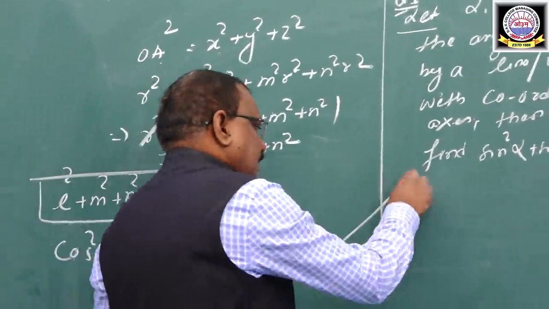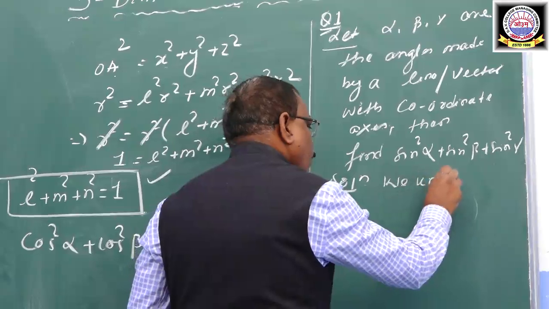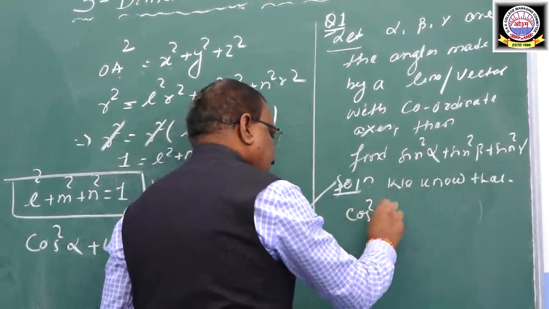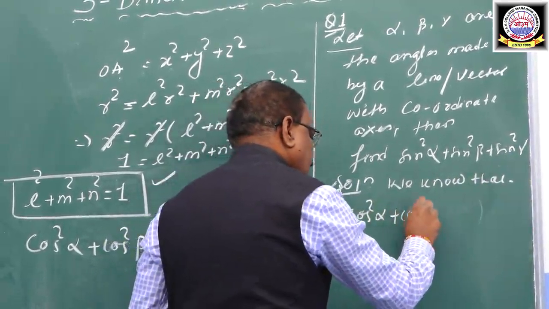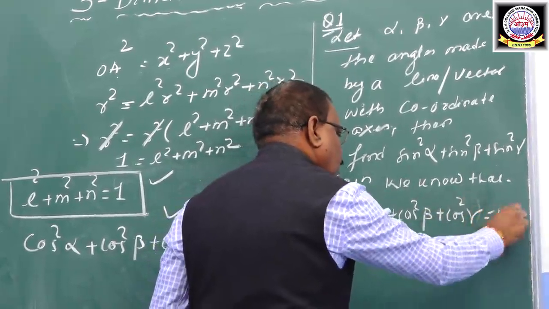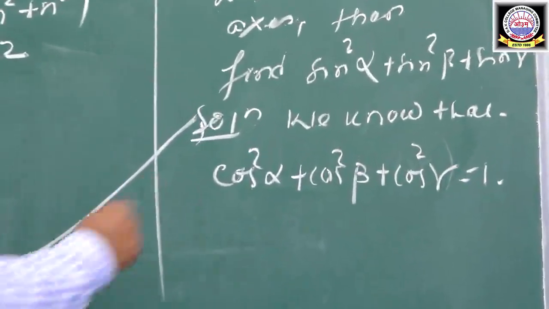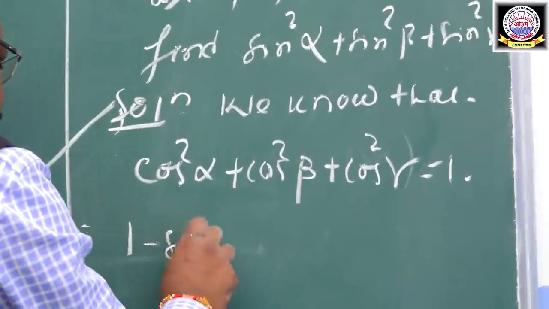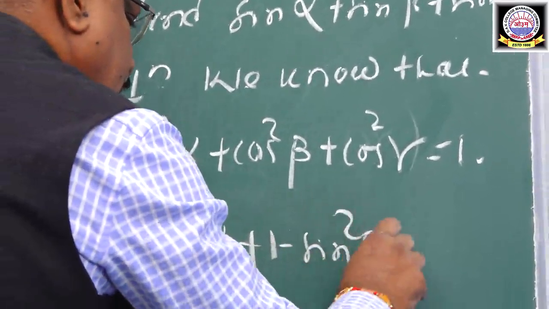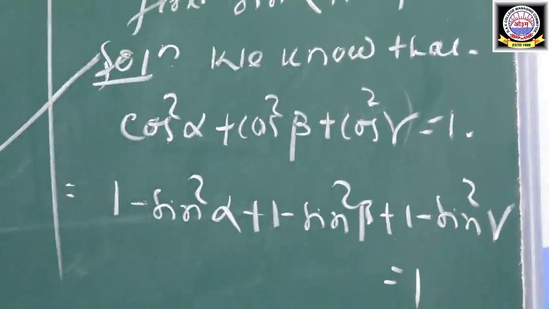In the solution part, we know that cos square alpha plus cos square beta plus cos square gamma is equal to 1. That is L square plus m square plus n square is equal to 1. So in place of cos square I can write 1 minus sin square alpha, 1 minus sin square beta, and 1 minus sin square gamma is equal to 1.